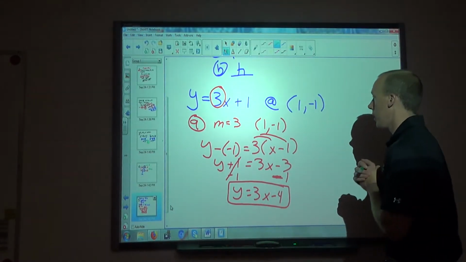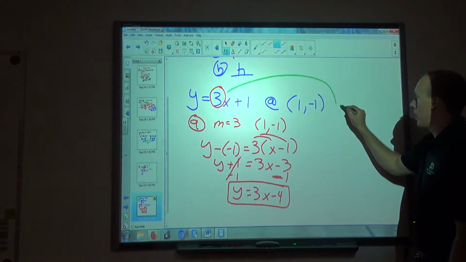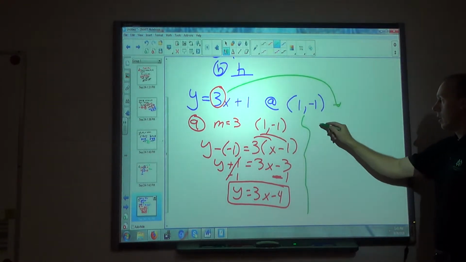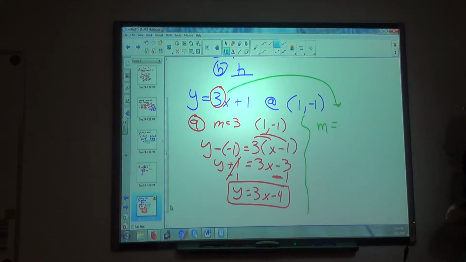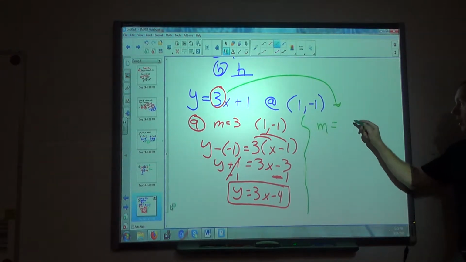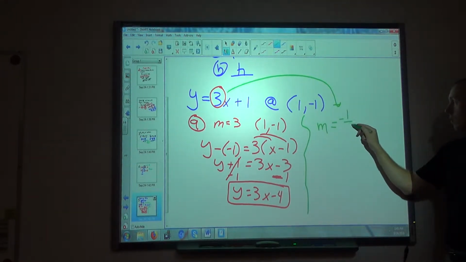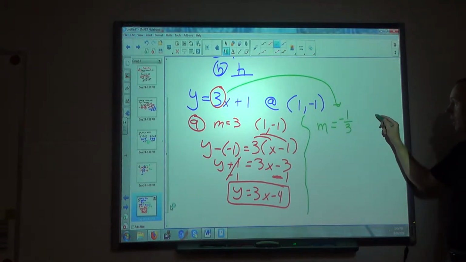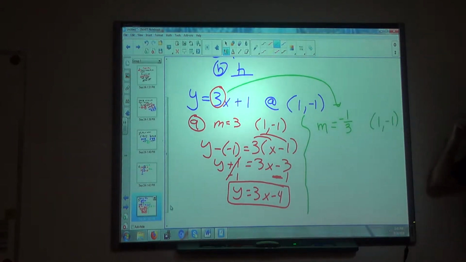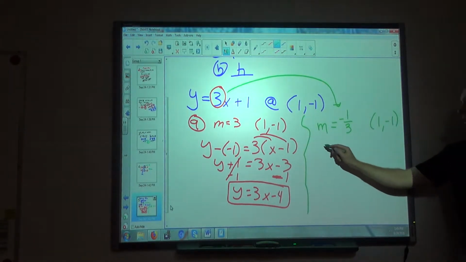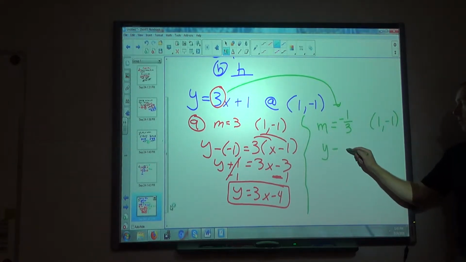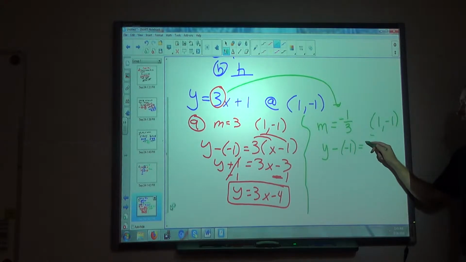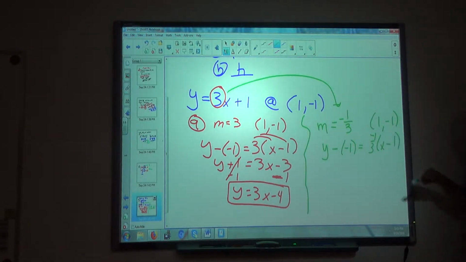We'll do perpendicular. So what's the perpendicular slope gonna have to be here? What's the negative reciprocal of 3? Negative 1 over 3, yep. And then the point is 1 comma negative 1. So I need to do point slope again. So y minus my y value equals negative 1/3 x minus my x value.